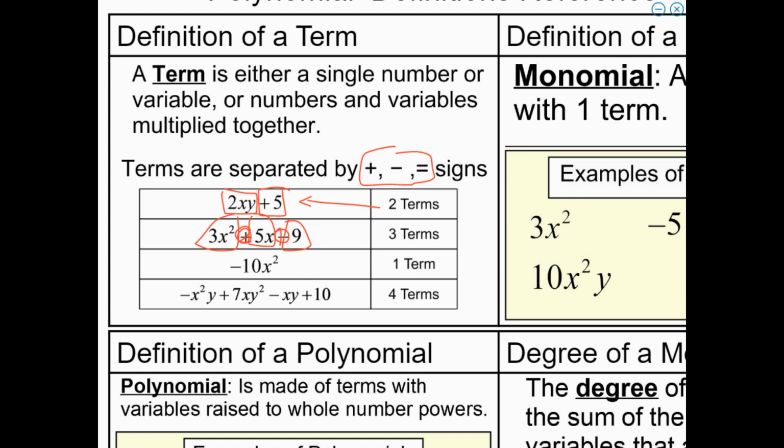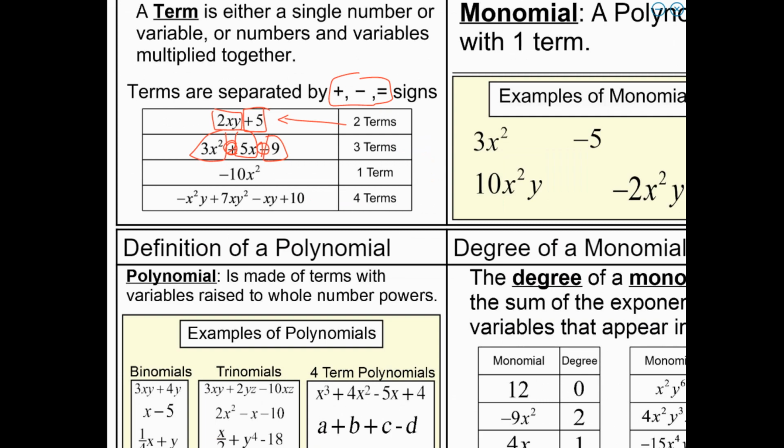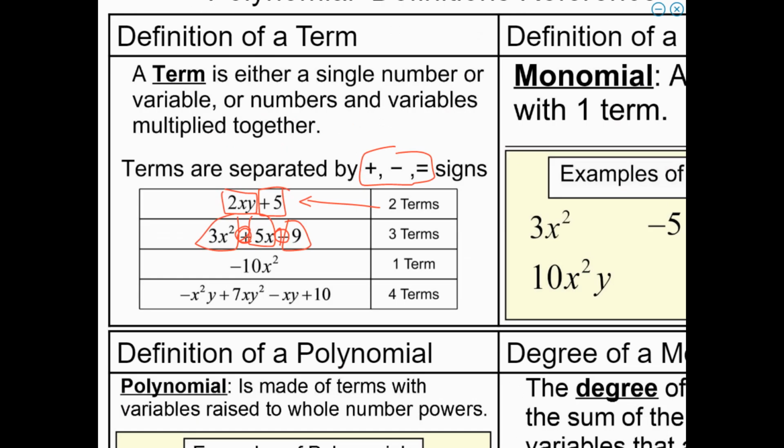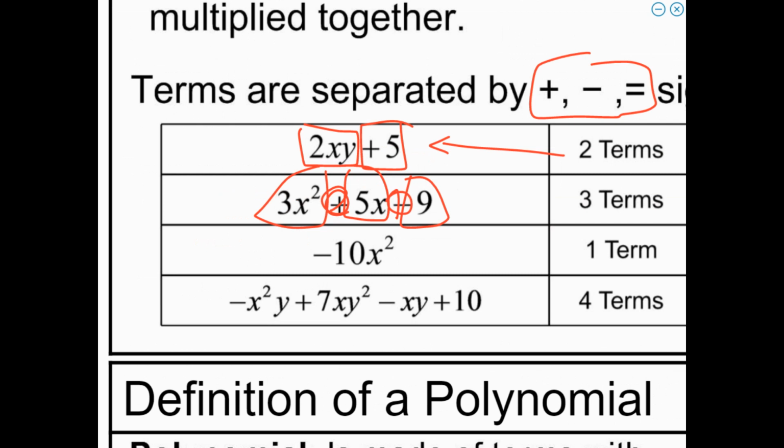We have words that we use specifically when we are talking about expressions based on how many terms they have. These are all called nomials. When it's 2 terms, we call it a binomial, remember?